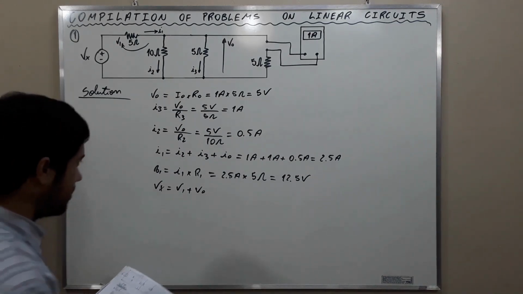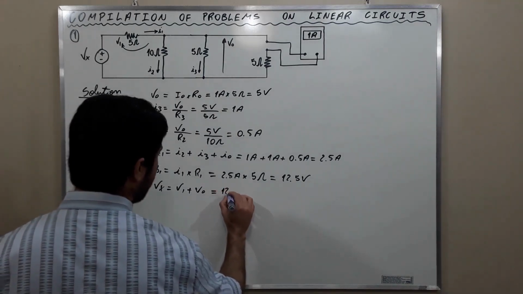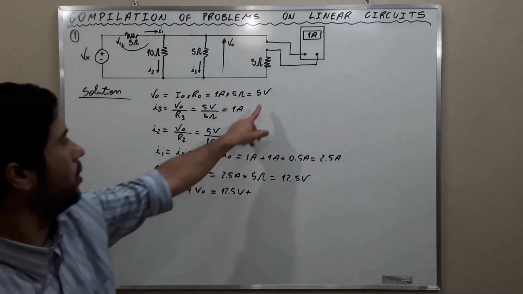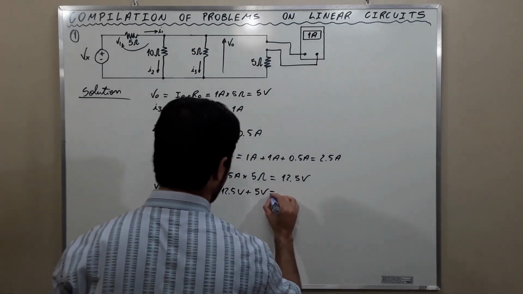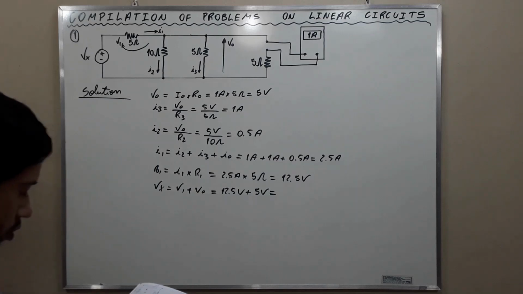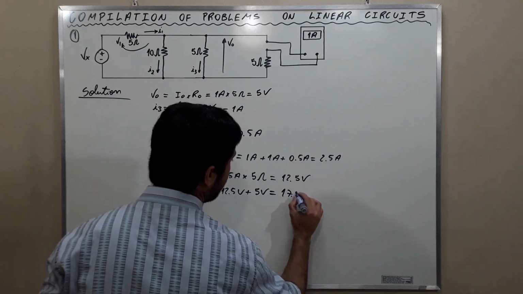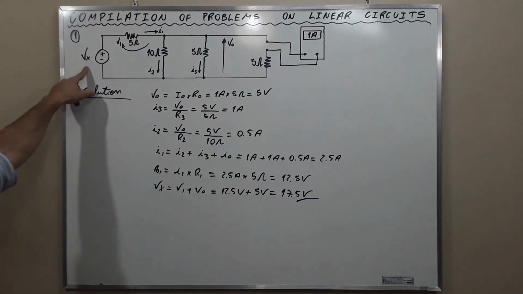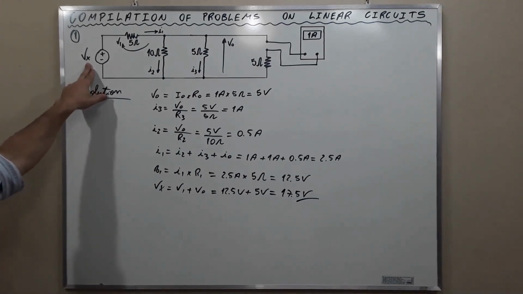And then Vx is equal to V1 we calculated is 12.5 volts. And VO we calculated and we found 5 volts. And ultimately we find the value of 17.5 volts. Okay, and this is the value of this voltage source here, or if you prefer, the voltage of the power supply.